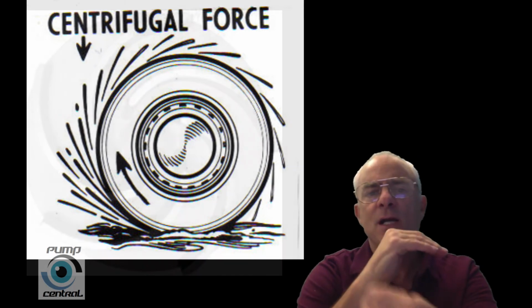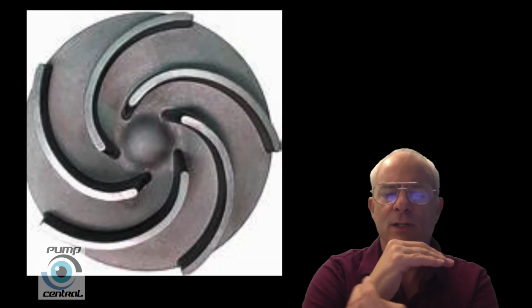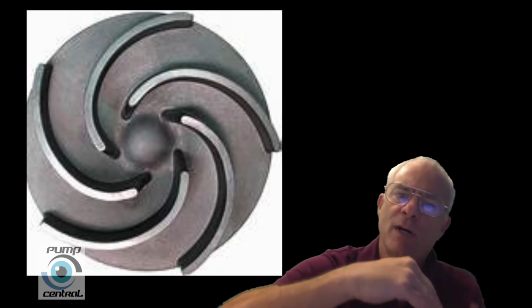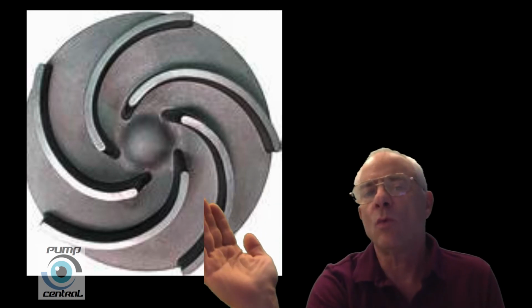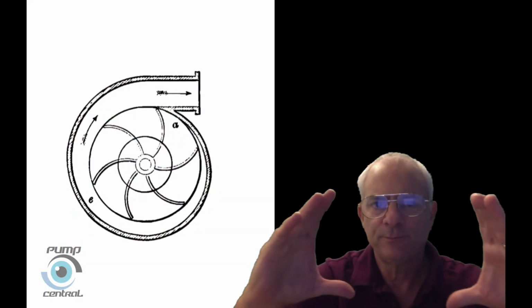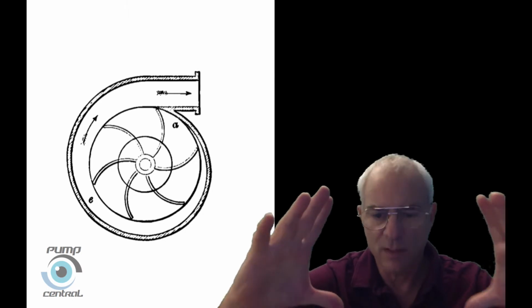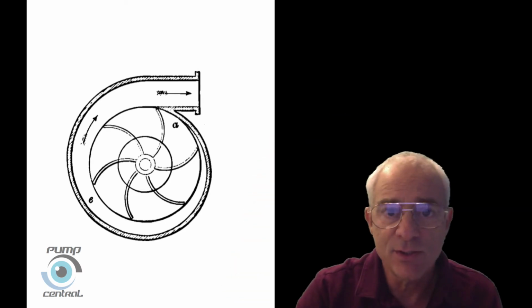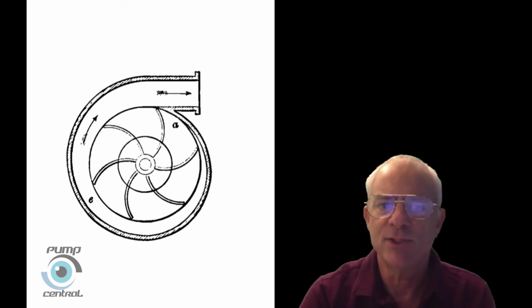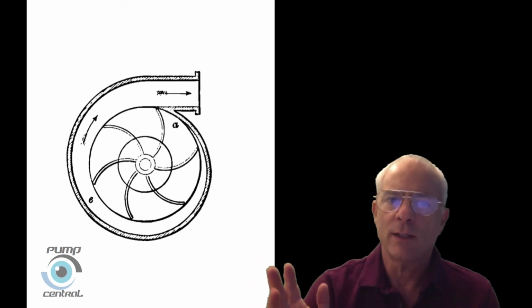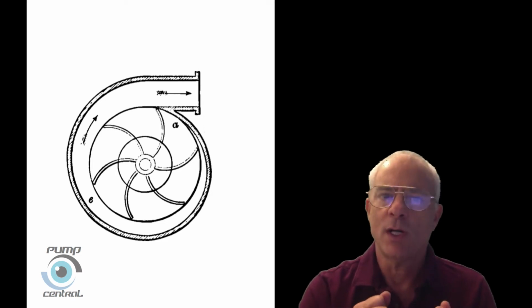The water is coming in through the eye of the impeller onto the back of this curved part of the impeller, and it is throwing the water with centrifugal force, all happening within the cavity of what we call the volute of the pump. But inside there, it's throwing the water and it's being forced out a discharge to wherever it's being guided to. So centrifugal force is throwing water as opposed to pushing water.